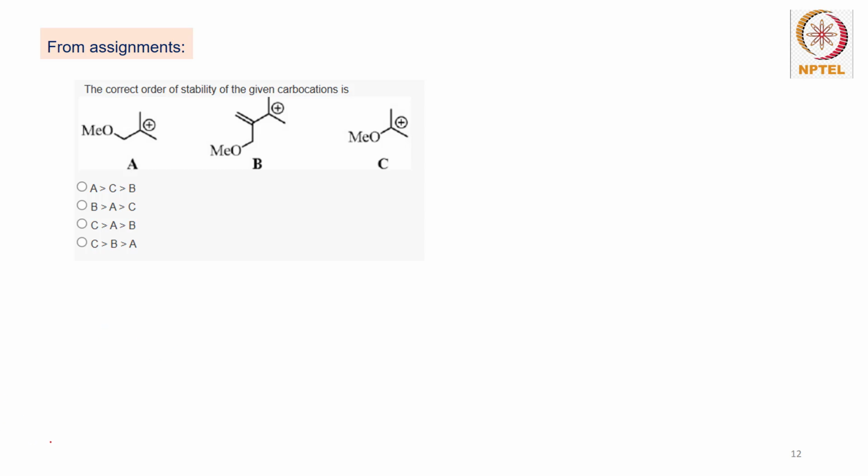Okay, let's try together. So this one is a tertiary carbocation.